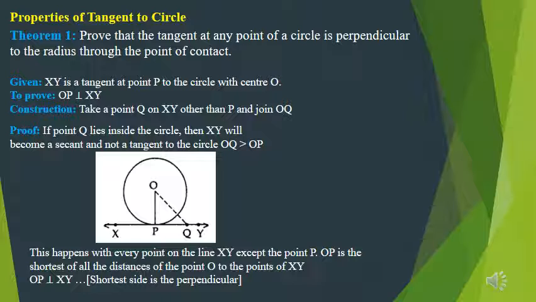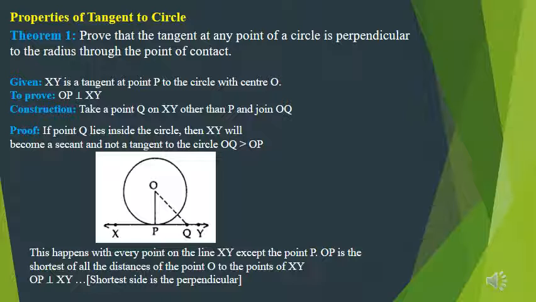If point Q lies inside the circle, then XY will become a secant and not a tangent to the circle, because OQ is greater than OP. When this happens with every point on the line XY except the point P, we can say OP is the shortest of all the distances from the point O to the points of XY.